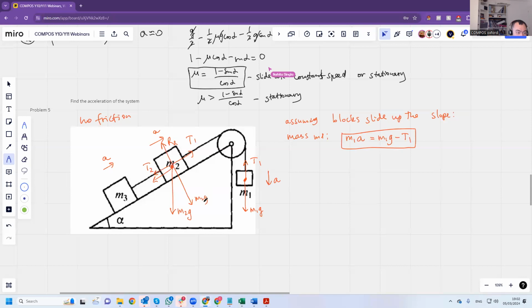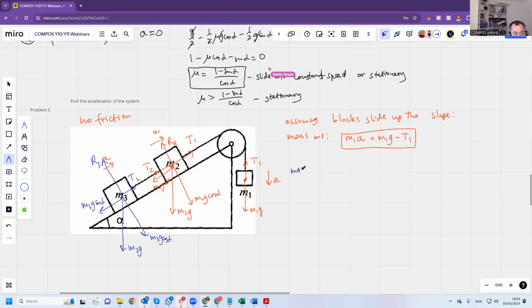This is M2G cos alpha. This is M2G sine alpha. We do a very similar thing here. So we have M3G cos alpha, M3G sine alpha, R3, and T2.